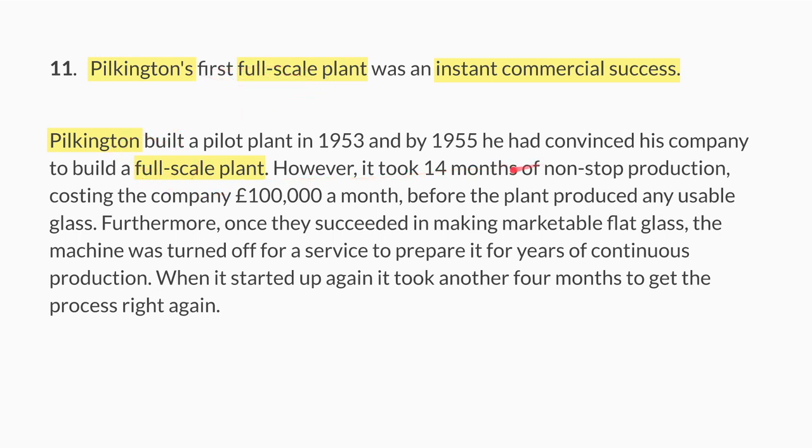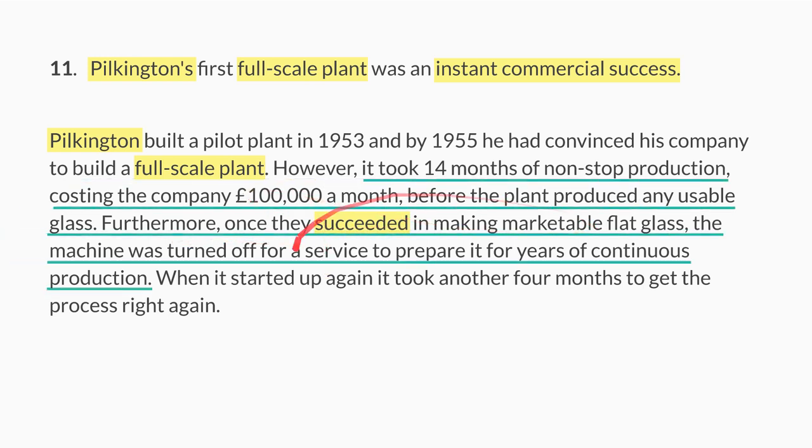Let's see if we can find anything else. We have found something about success, something about succeeding, success, and that was one of our keywords up here in the question. We wanted to know if Pilkington's first full-scale plant was an instant success or not. So we're probably going to find information about that in this sentence right here.